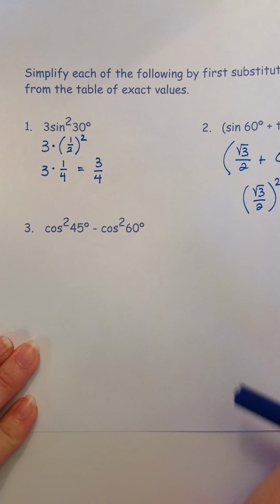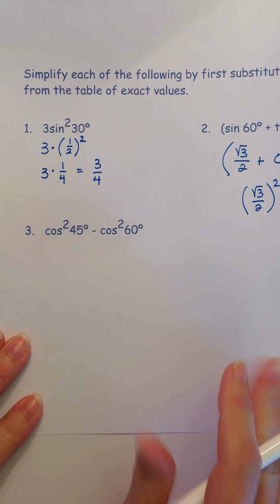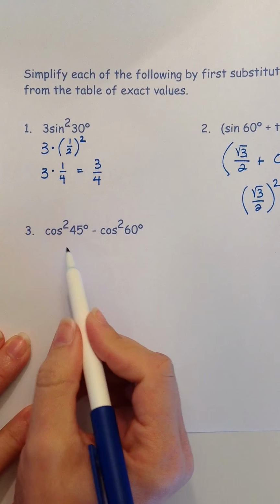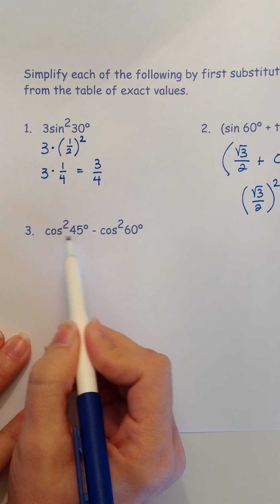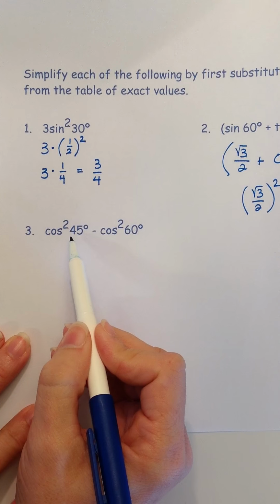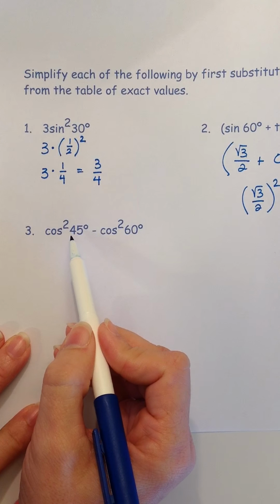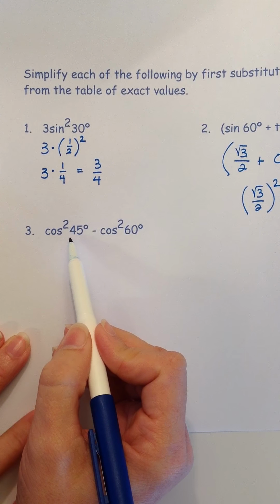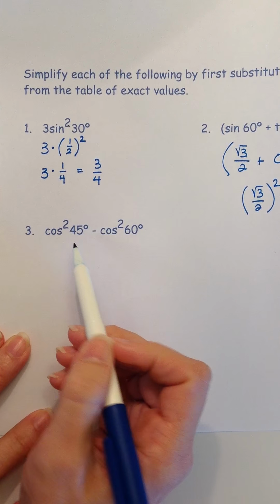All right, the third one here. Okay, now this time your trig functions are individually squared. But first of all, look up cosine 45. Now, I gave you 2 different values there for cosine of 45 degrees. It actually doesn't matter which one you use. I'll just use the 1 over square root 2.